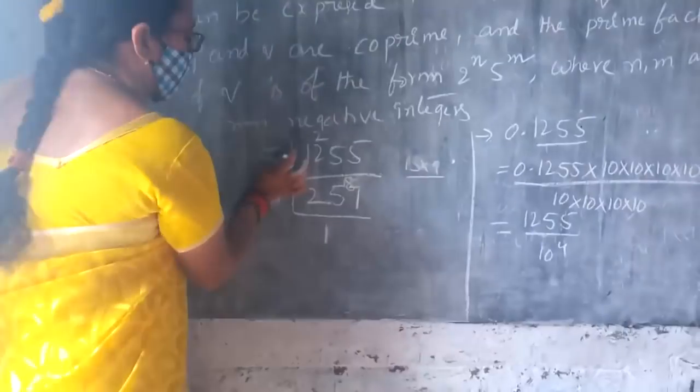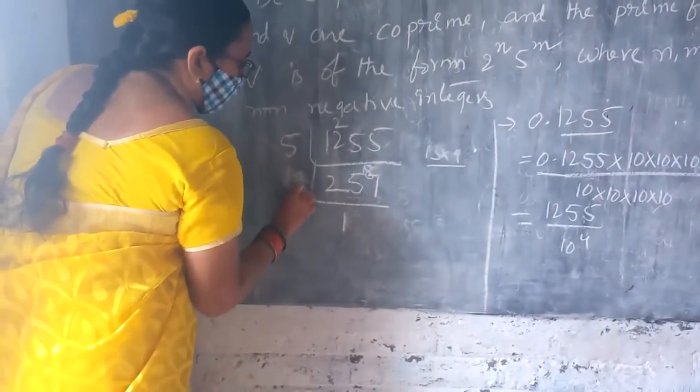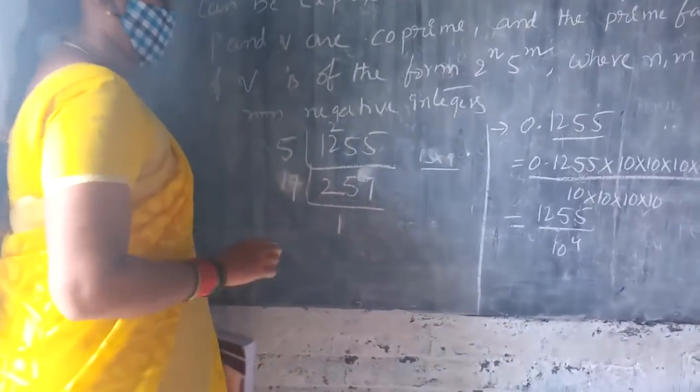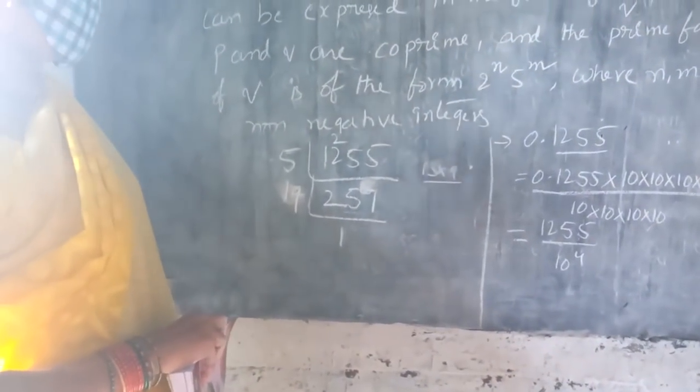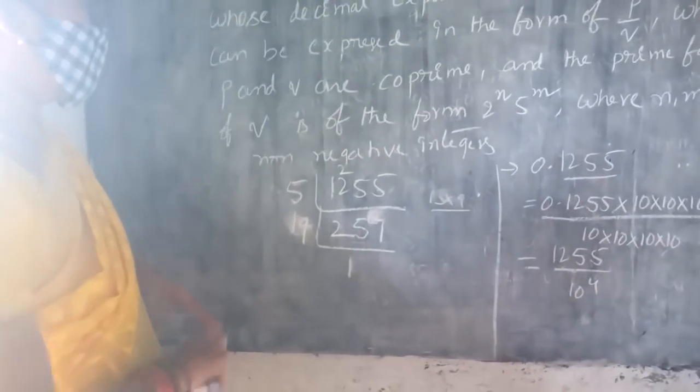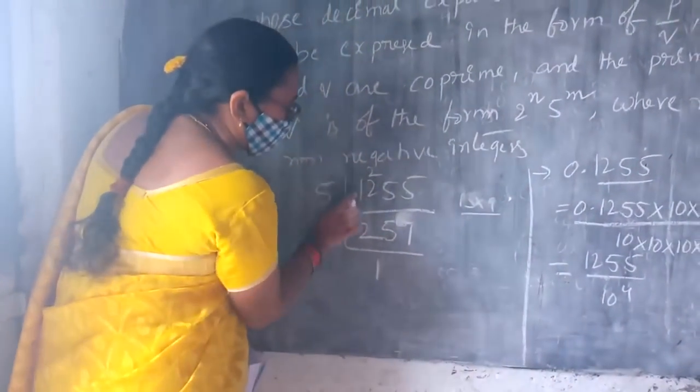So not divisible. Take 19. 19 ones are 19, not divisible. Next number 23. Okay, don't worry.